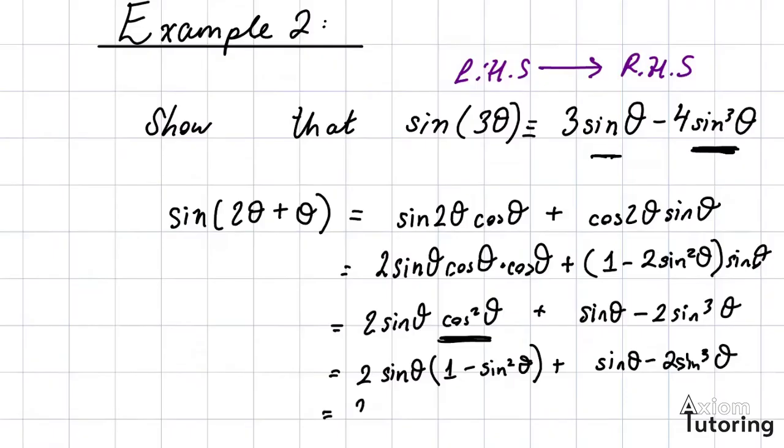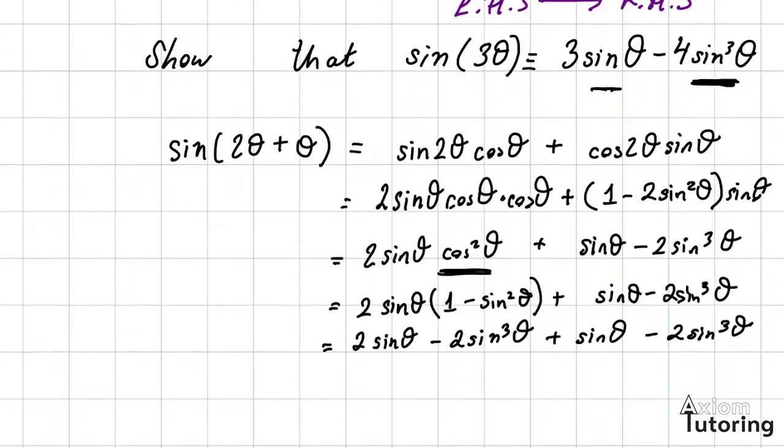And I'll just continue here, 2 sine theta minus 2 sine cubed theta plus sine theta minus 2 sine cubed theta. So we're almost there. And that is just equal, okay, collecting like terms, we get 3 sine theta minus 4 sine cubed theta.